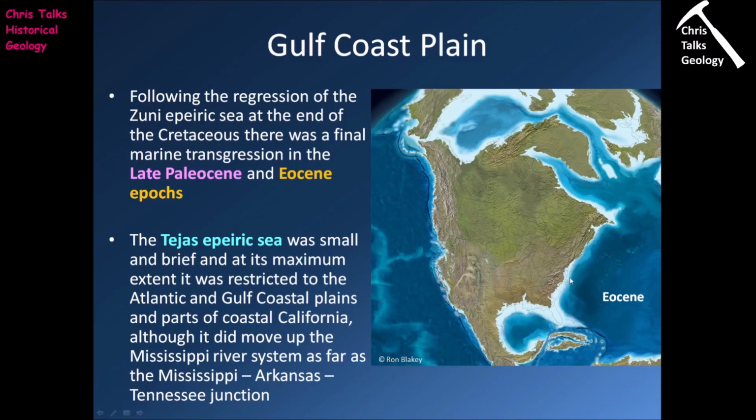So you can see we have the Atlantic plain here, Florida here, and the Gulf Coast plain here, which are inundated. We can see that this area here represents the maximum extent of the Epeiric Sea, reaching this Mississippi, Arkansas, Texas junction right here. So you can see it wasn't a particularly extensive body of water.